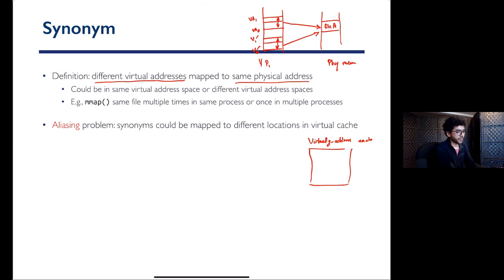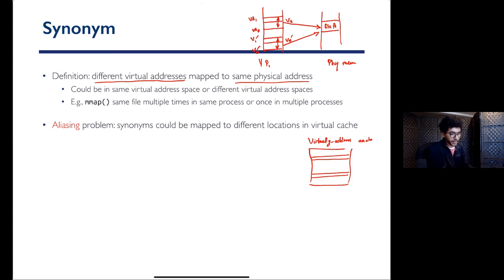So let's say VX and VX prime. Both of them are mapped to the same physical address. Now they might be mapped to two different blocks because they have different virtual addresses. So there is a chance that they are cached in two different blocks in my virtually addressed cache.